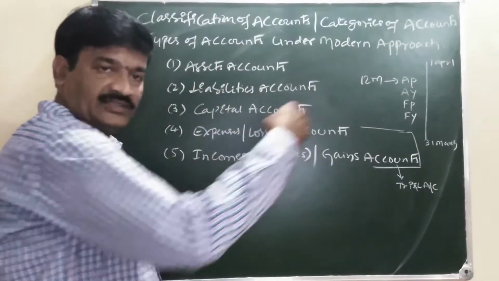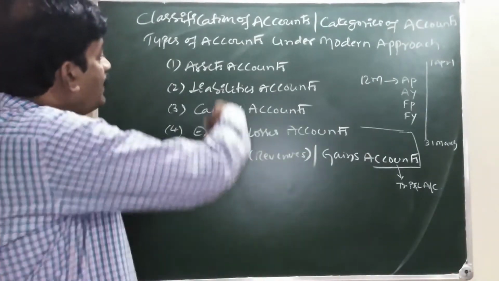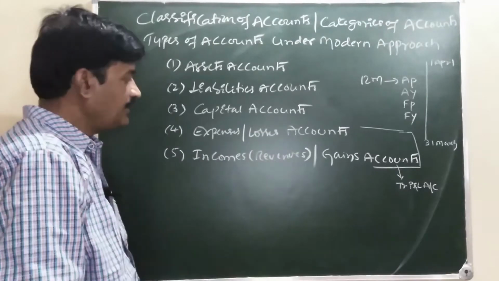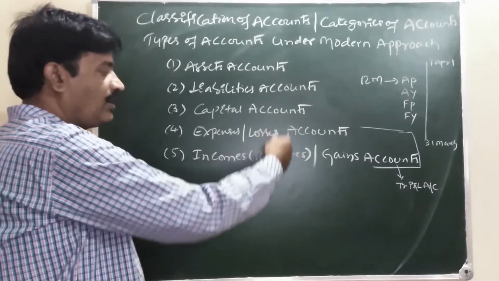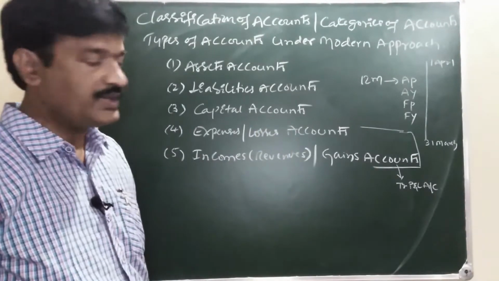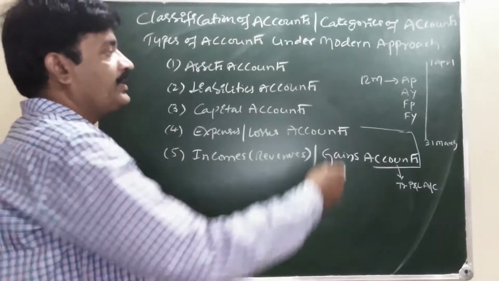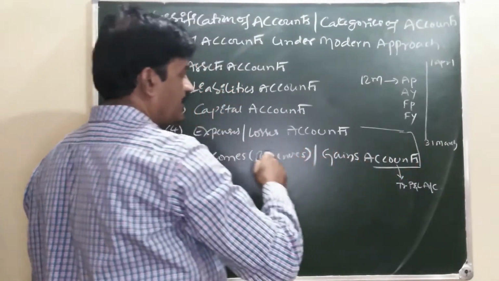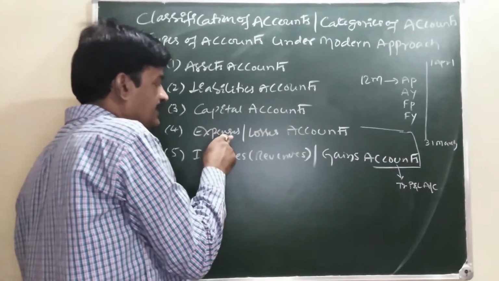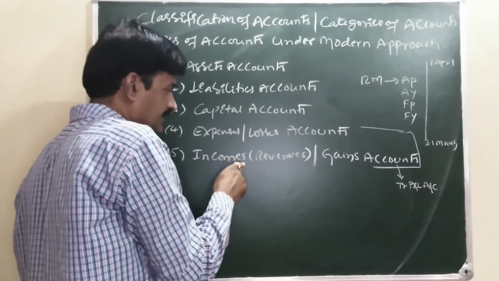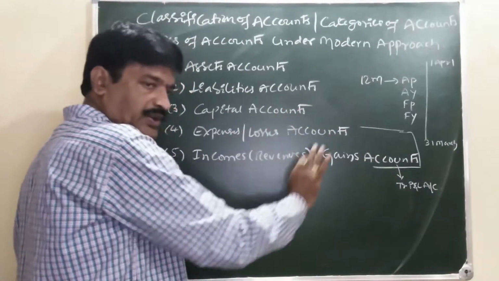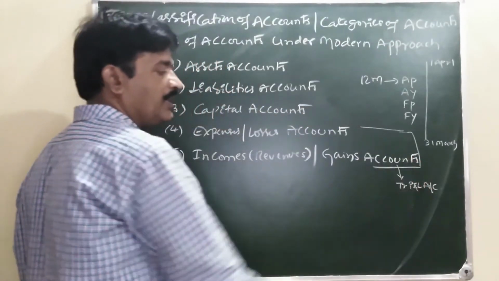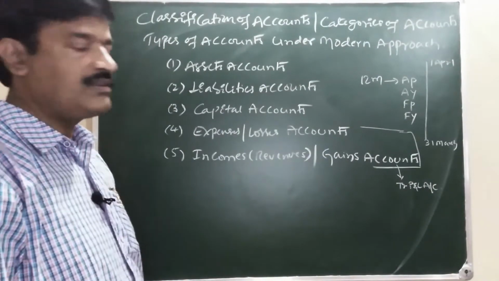Out of 5 accounts, we are closing the last 2 accounts. The last 2 accounts are called temporary accounts. Every accounting period ending on 31st March, whatever the balance existed in expenses, losses, incomes and gains, we are closing and transferring to trading and profit and loss account.